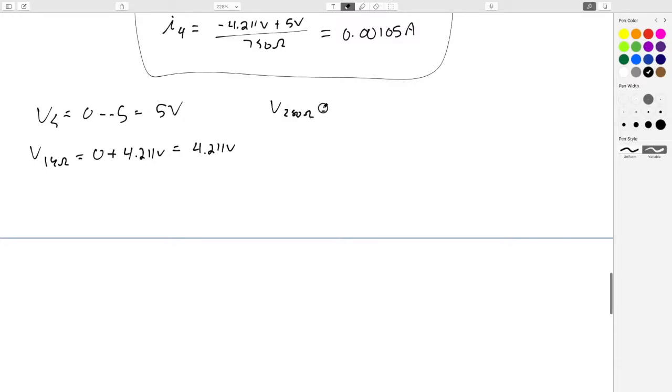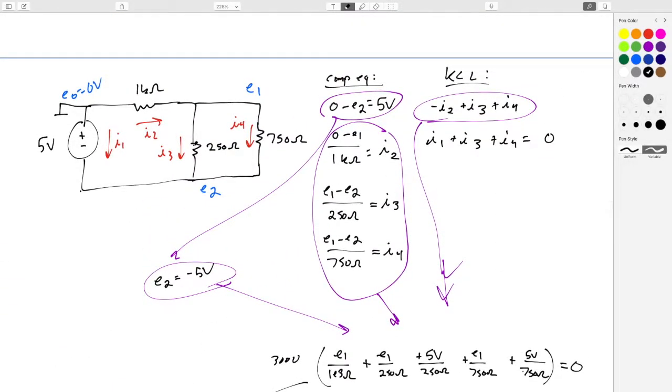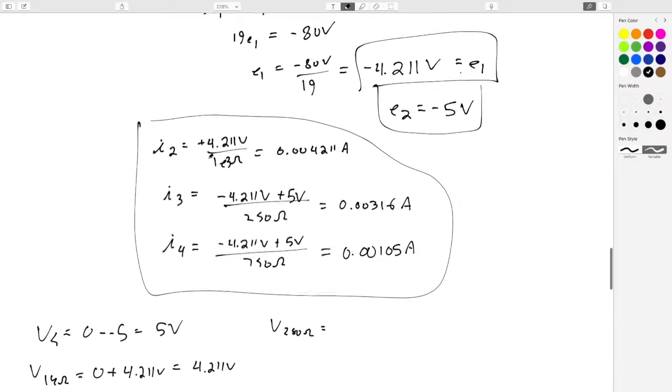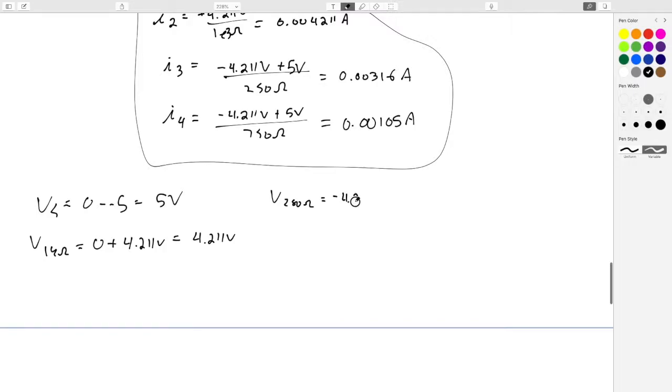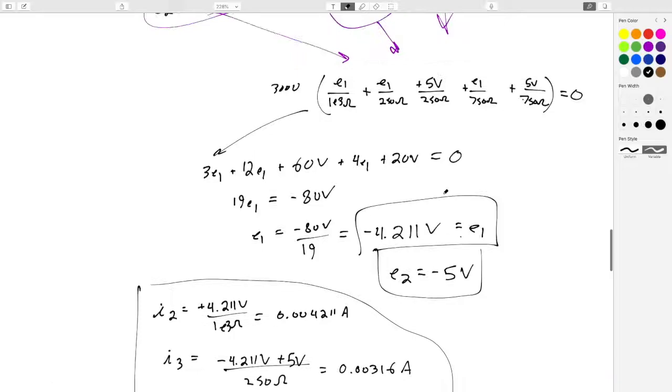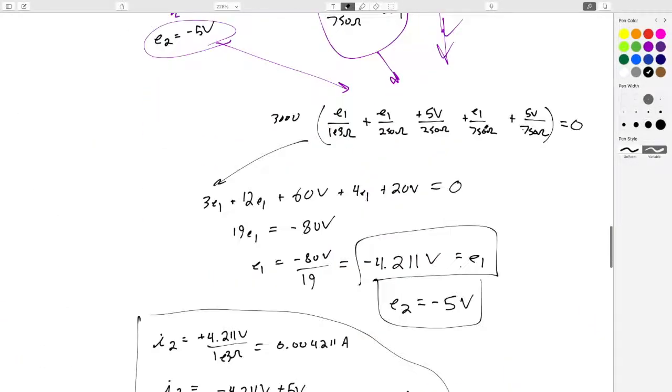V of the 250 ohm equals E1 minus E2, or negative 4.211 minus negative 5, equals, what's that end up being? We solved it before, 0.789, yeah.